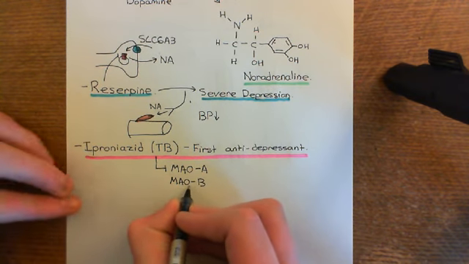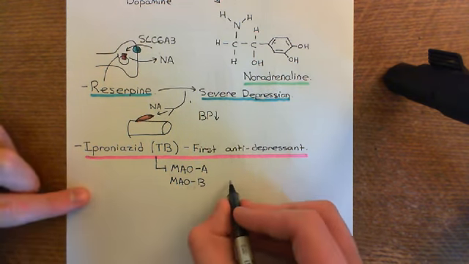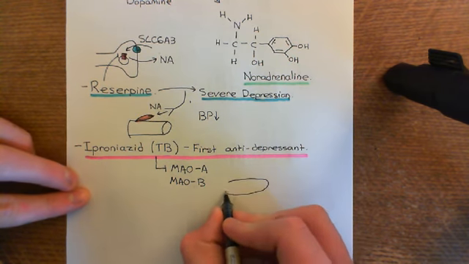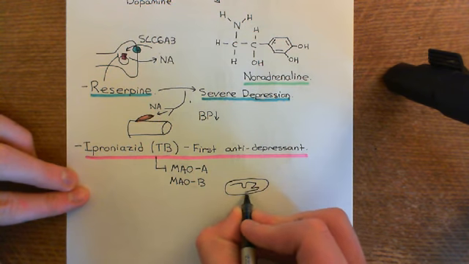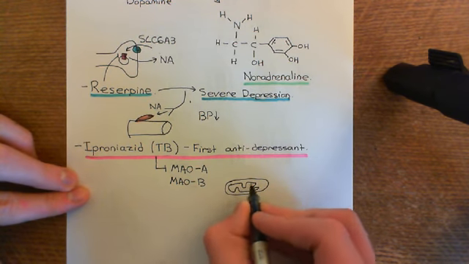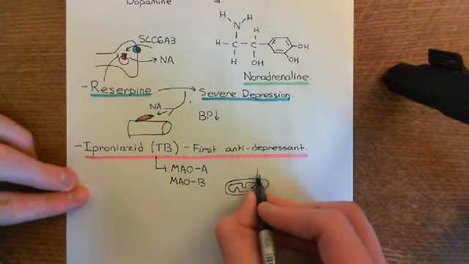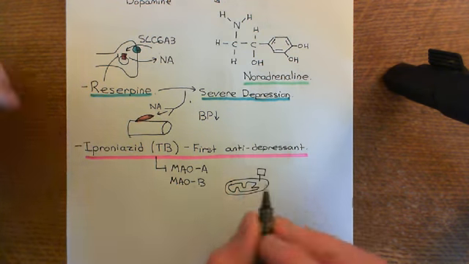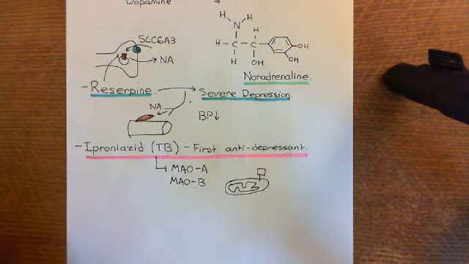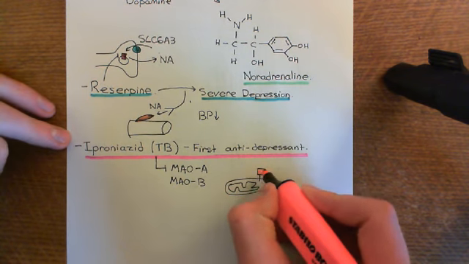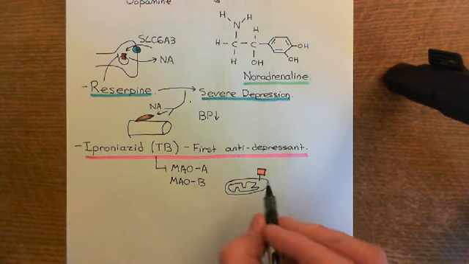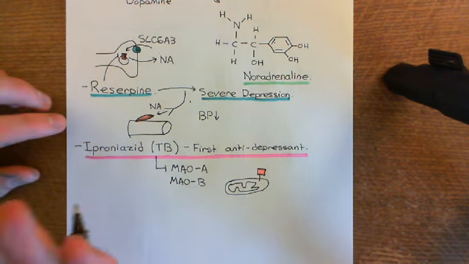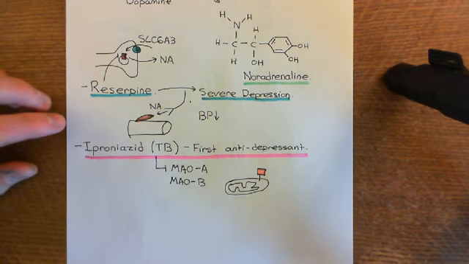Now remember what those enzymes were. They were the enzymes sitting attached to the outer membrane of the mitochondria. And you've got lots of mitochondria in the axon terminal. It needs a lot of energy. And these enzymes broke down monoamines, so they broke down dopamine, noradrenaline, serotonin. So if you inhibit those enzymes, then the noradrenaline, the serotonin, and the dopamine won't get broken down.